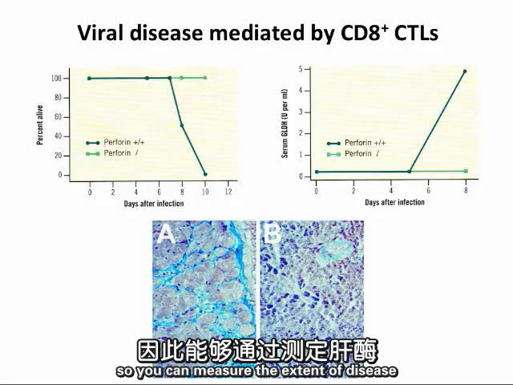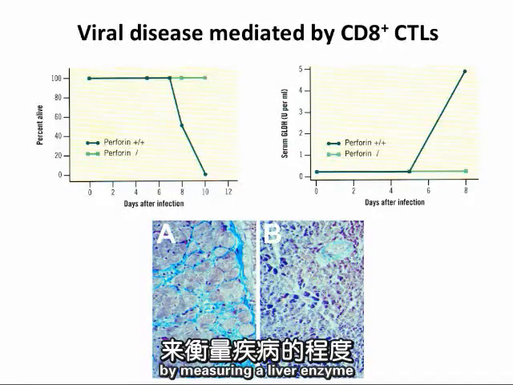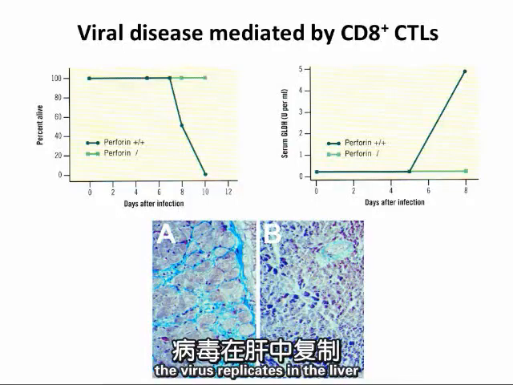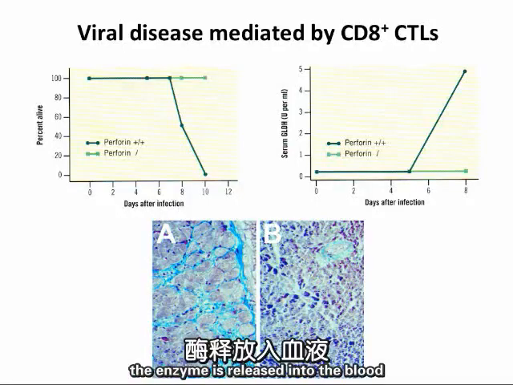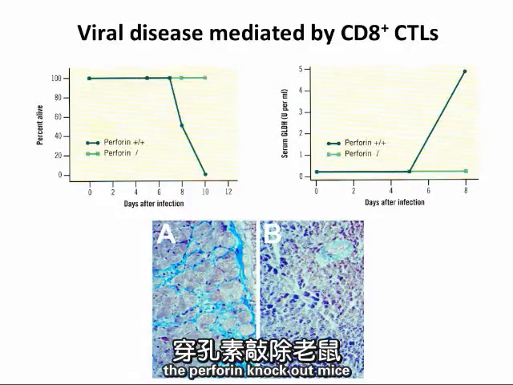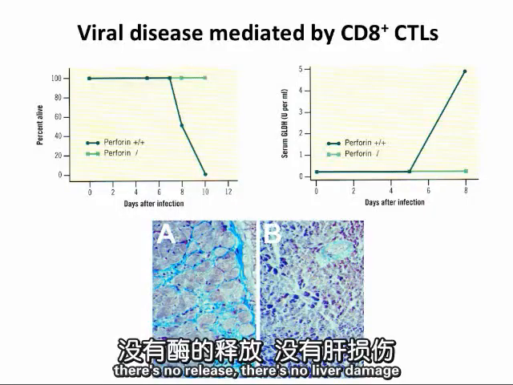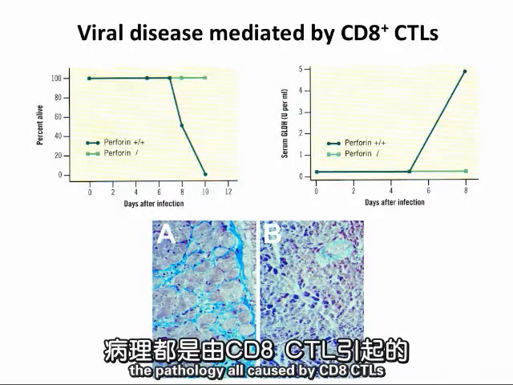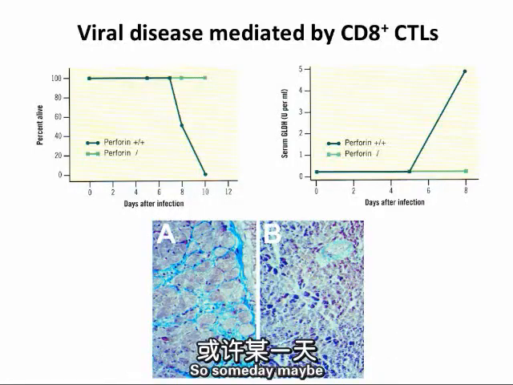So you can measure the extent of disease by measuring a liver enzyme. So you can see wild-type mice, the virus replicates in the liver, the enzyme is released into the blood. The perforin knockout mice, there's no release, there's no liver damage. So 3 targets of this virus in mice, the pathology all caused by CD8 CTLs.